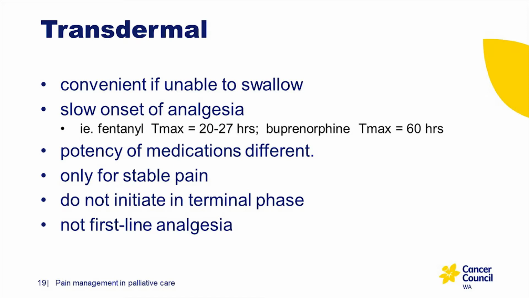So if we've got somebody whose pain is very strong, we're going to want to use other medications as that fentanyl patch is reaching its full analgesic potential. Buprenorphine patches take even longer to reach their peak effect, so up to 60 hours. So we're going to have a couple of days where we're going to have to be using other medications while that drug gets into the person's system. We need to remember that the potency of all the medications is quite different, and use our conversions if we are going to start a fentanyl or buprenorphine patch.